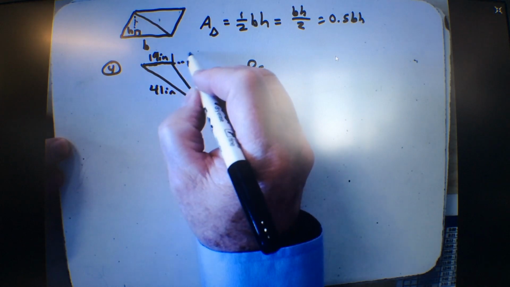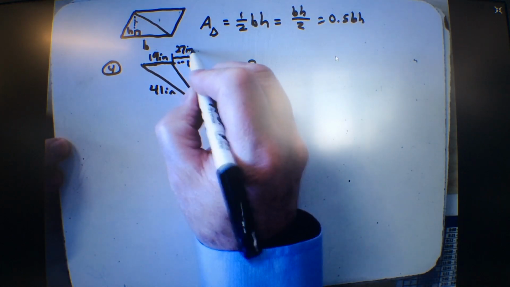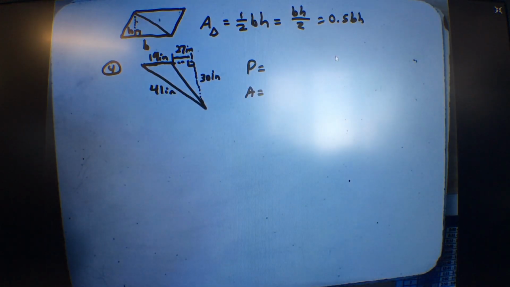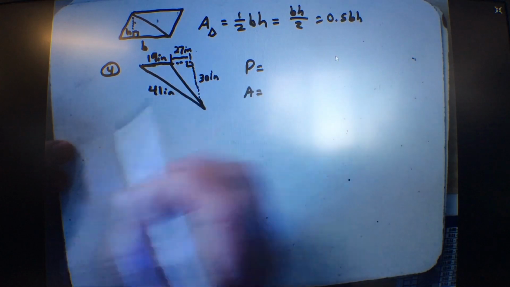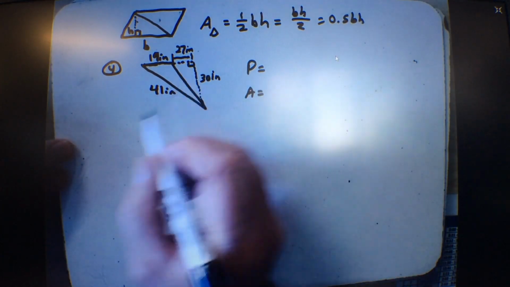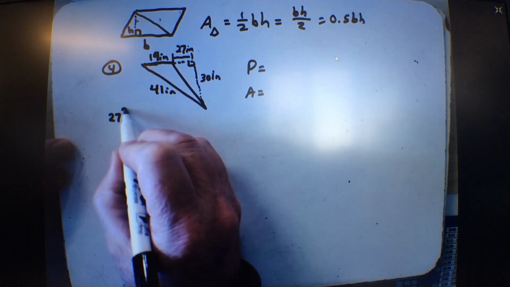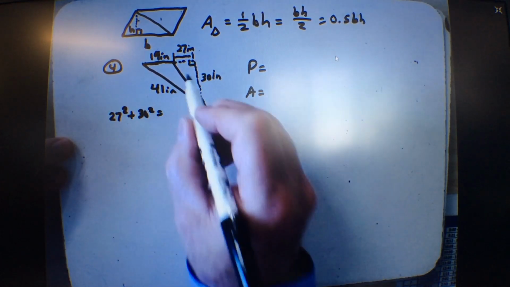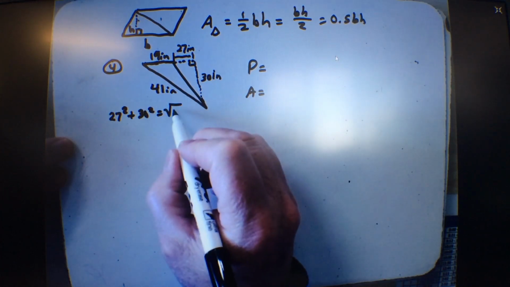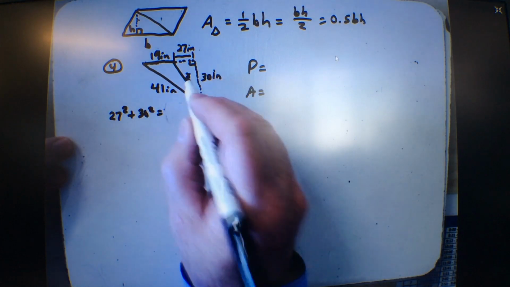From here to here is 27 inches. That's kind of a big deal. Can I find this length? How? Pythagorean theorem. 27 squared plus 30 squared equals this side squared. We'll call it x squared.